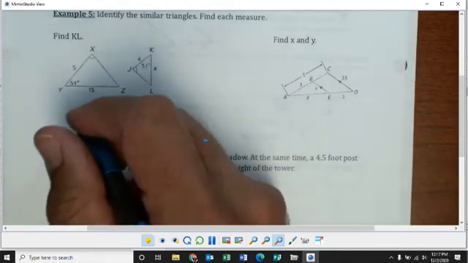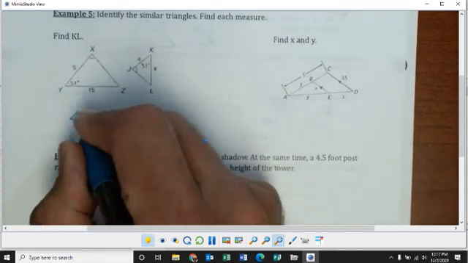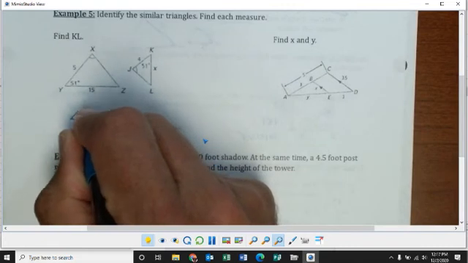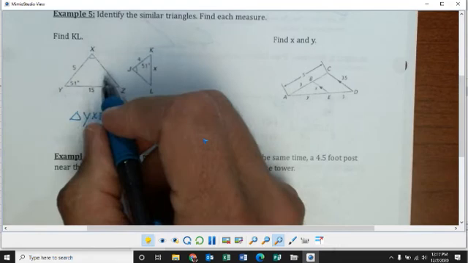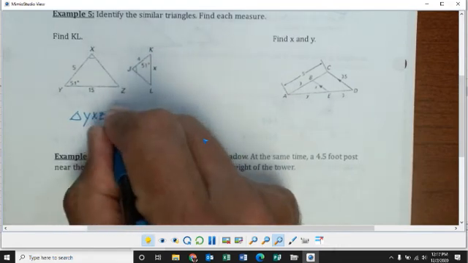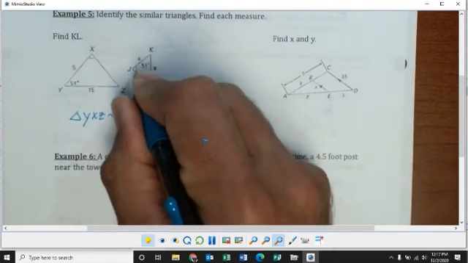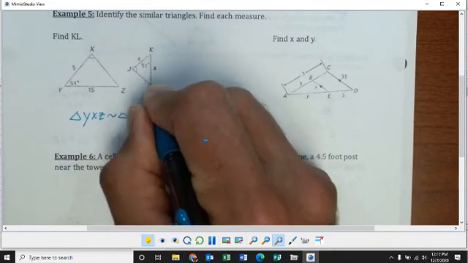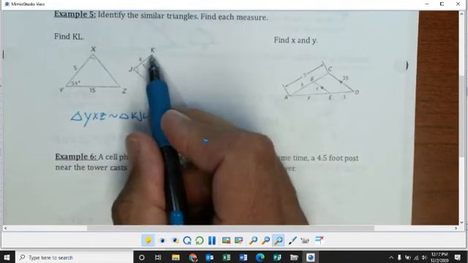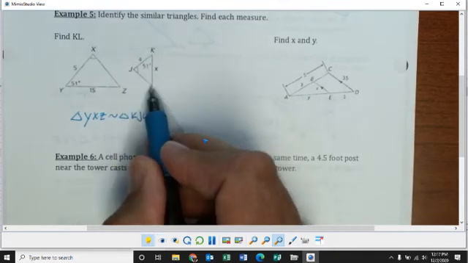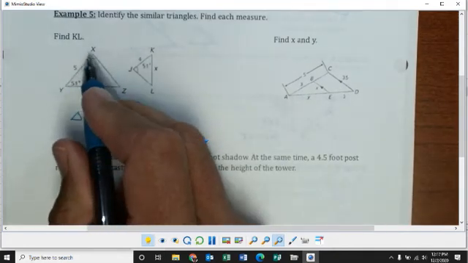So that means that I can say triangle, if I start at the 51, Y, X, Z. So I start at the 51, I go to the congruent, and I end at the blank one. Let's do that over here again. I start at the 51, KJL. So because I start at 51, go to the congruent mark, and end at the blank one, start at the 51, congruent mark, blank one.